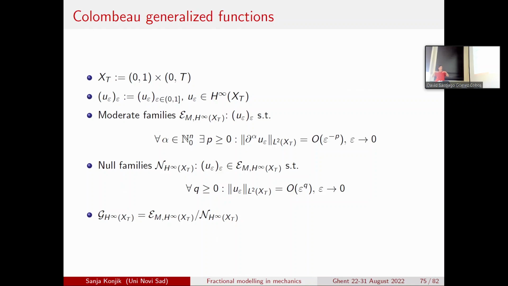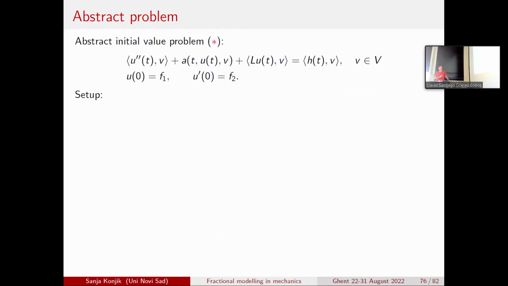So we embed the problem in those spaces of Colombeau generalized functions, where the theory is already well developed to solve problems and to find generalized solutions. And that is exactly what we did. But step by step, first we considered an abstract problem.